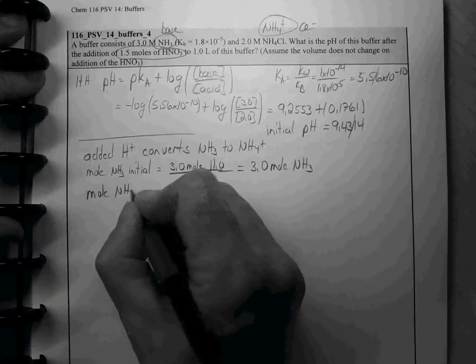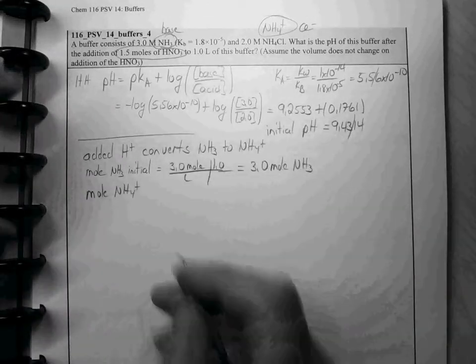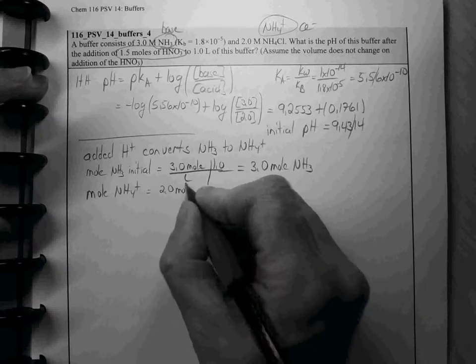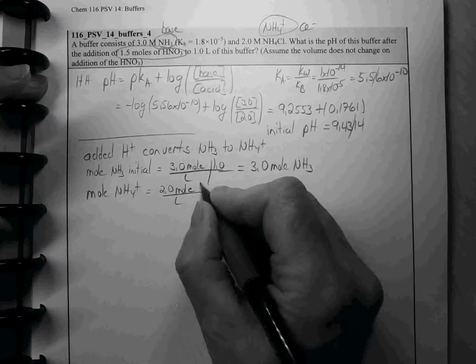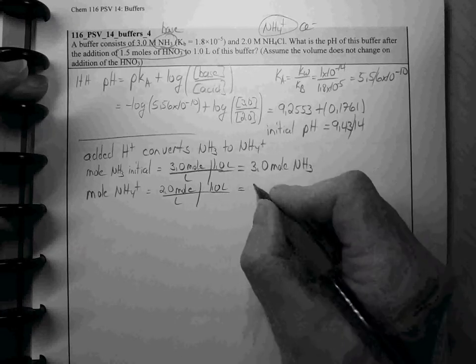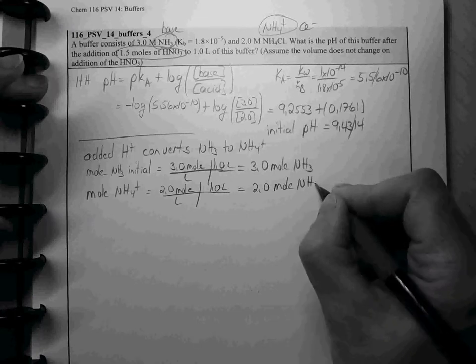Moles of the NH4+ initially: we start with a 2 molar solution, and again we have 1 liter. So now we have 2 moles of NH4+.